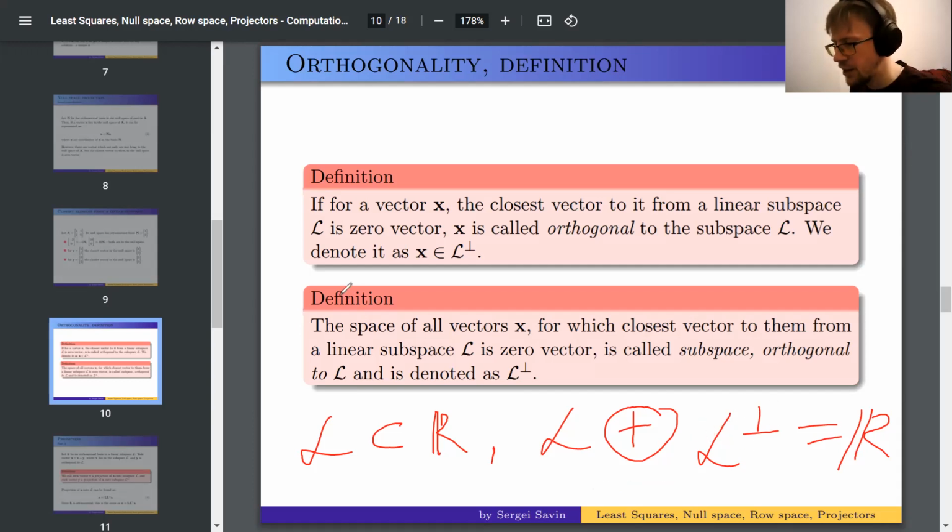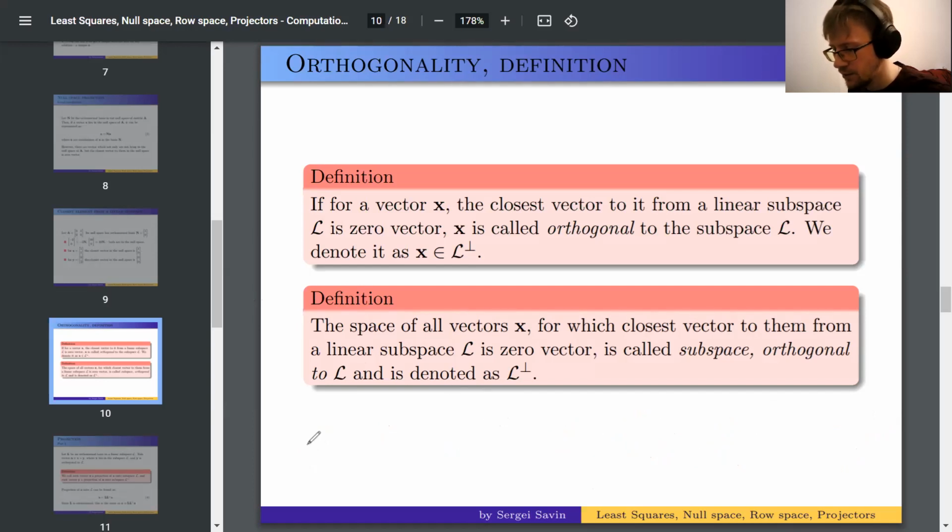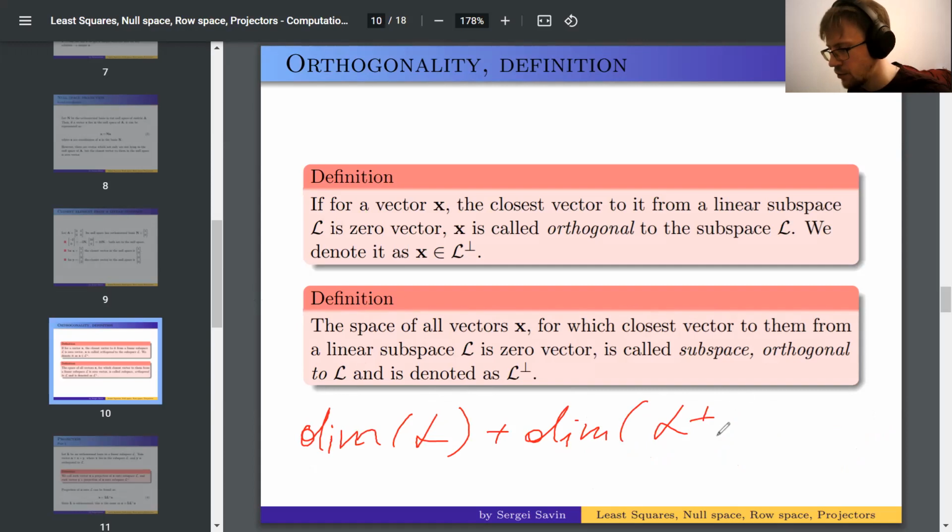A very clean way to write it is: dimensionality of L plus dimensionality of L perpendicular is equal to N, the dimensionality of the ambient space.